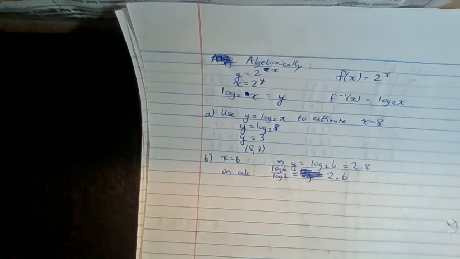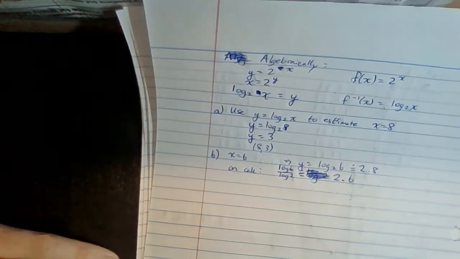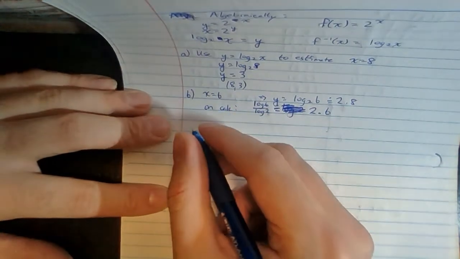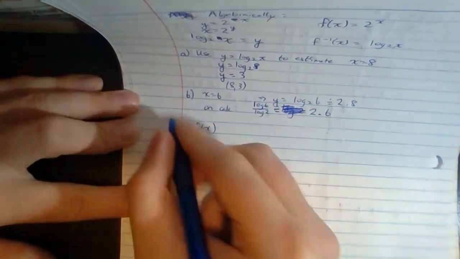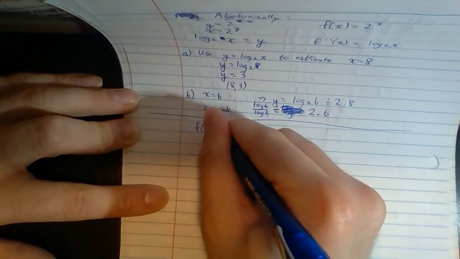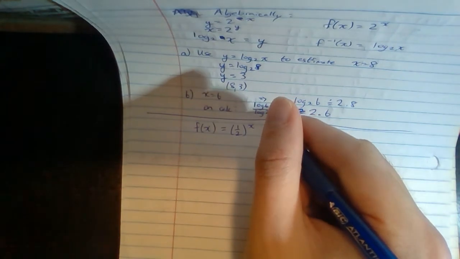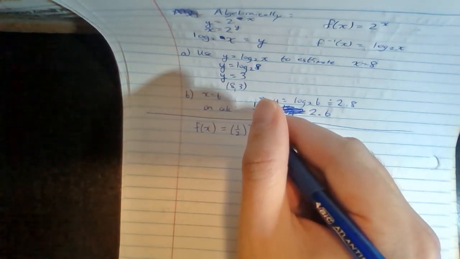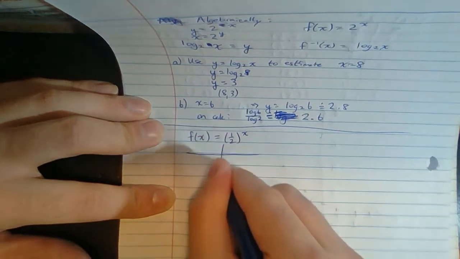So we looked at a growth equation. Let's look at a decay equation. We'll look at f of x equals 1/2 to the power of x. So we'll do the same points.